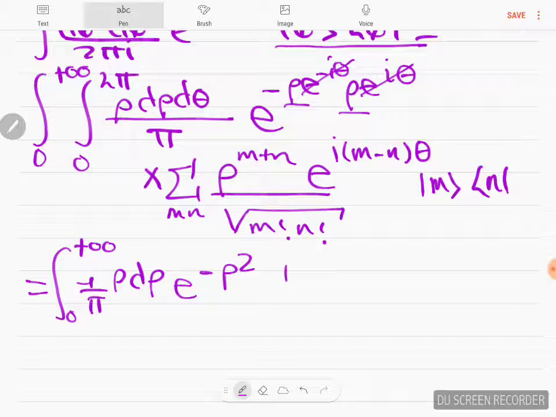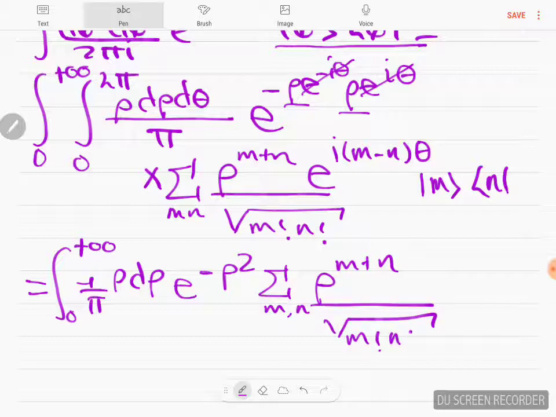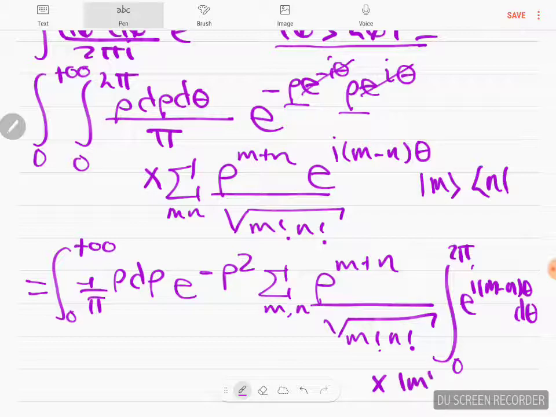We have the summation over m and n, rho to the m plus n divided by n factorial, and we have here the integral from 0 to 2 pi of e to the i(m minus n) theta d theta, everything times ket m bra n.